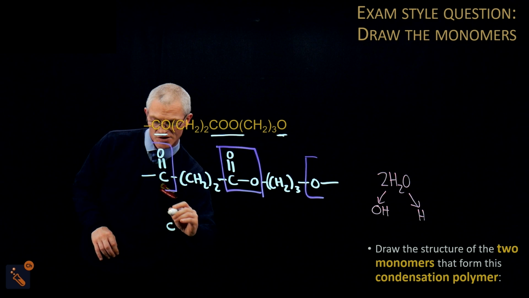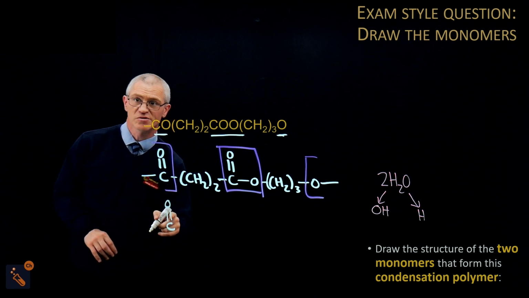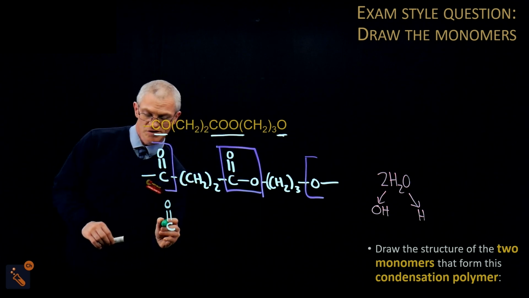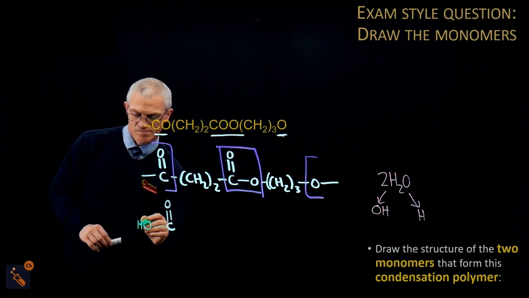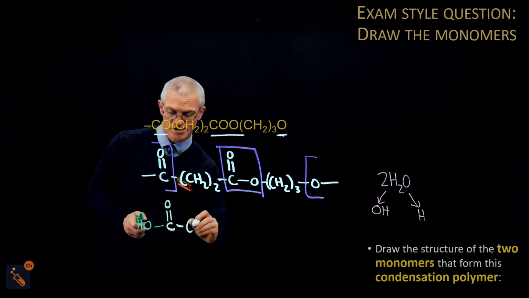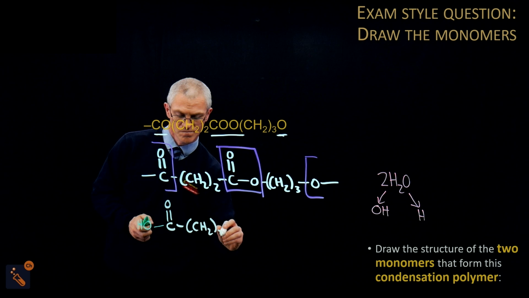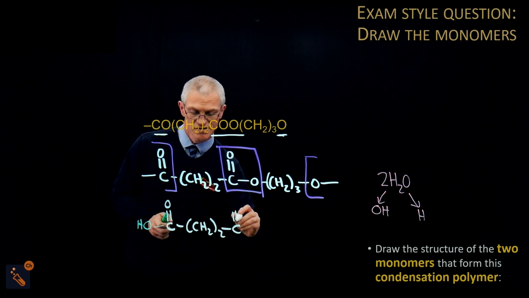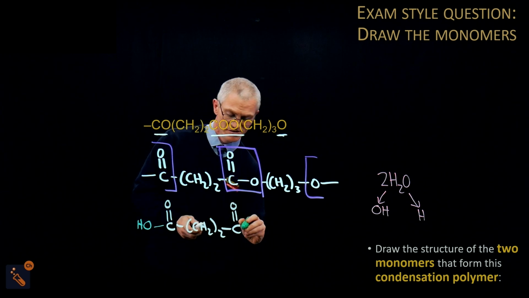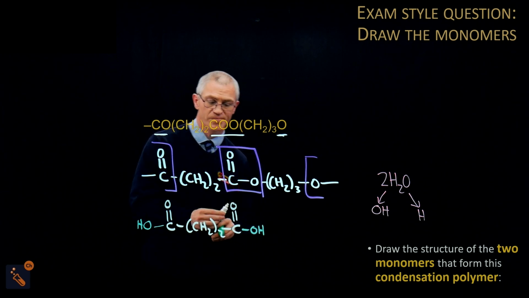This time, this has got to be our carboxylic acid side, so we're going to put an OH here. Then we just copy it out again. And again, the C double bond O means it must be our carboxylic acid side, so we add the OH there.